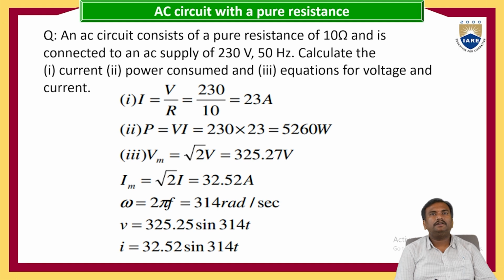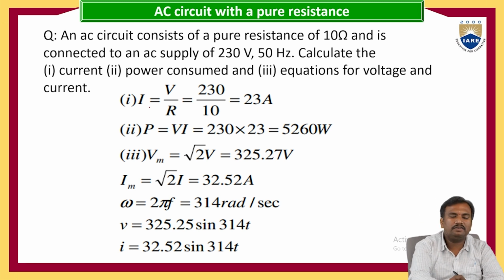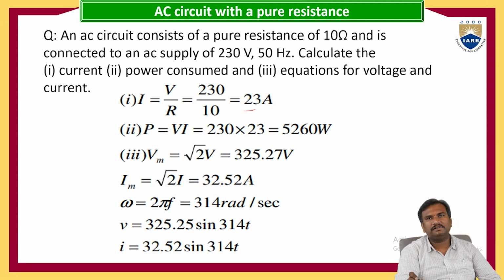First, let us calculate the current. Current I is equal to V by R, that is 230 by 10 ohms, which is equal to 23 amperes. This is the current.